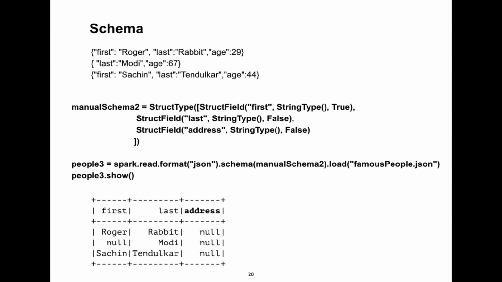So when I read the file in, I'm not getting the age. Because again, you said, here's a schema, and I don't care about the age. So if you come across it, just ignore it. And since you said address, there's no address, it's all null. And if you say it's not nullable, then okay, you're going to get an error there.